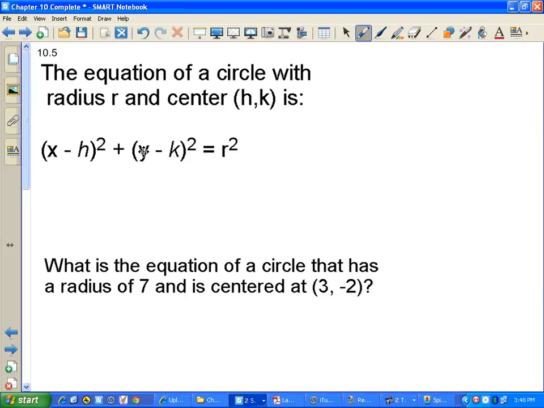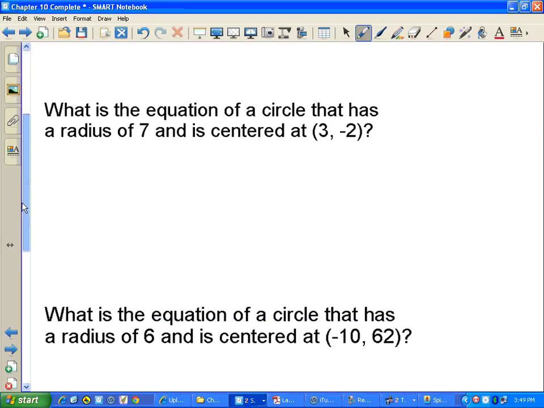And then we're going to have y subtract the y coordinate of our center, square that, and that should equal the radius squared. Okay, this is kind of a play on our Pythagorean theorem almost.